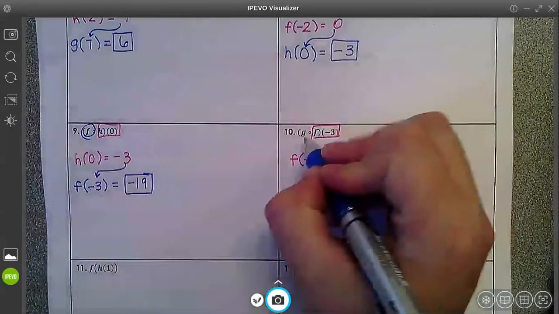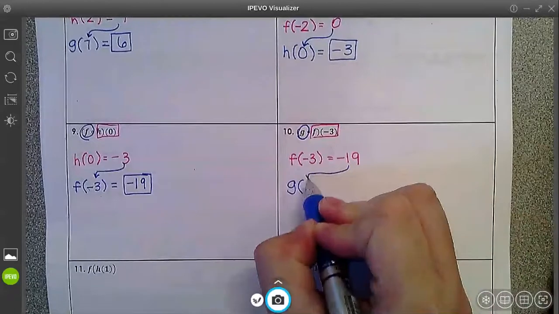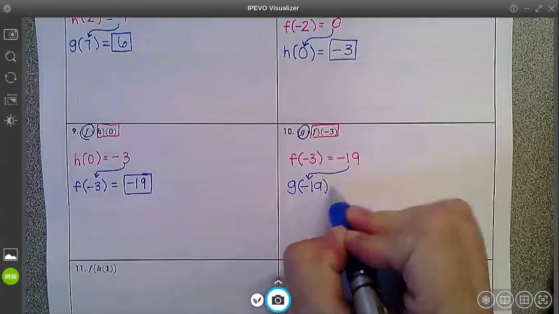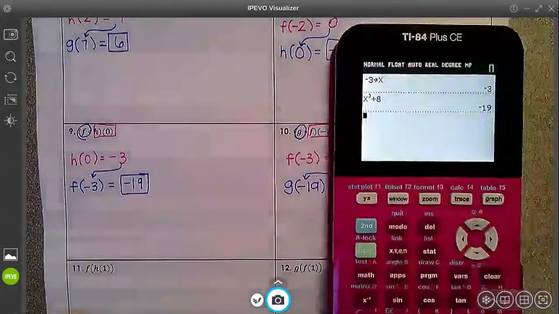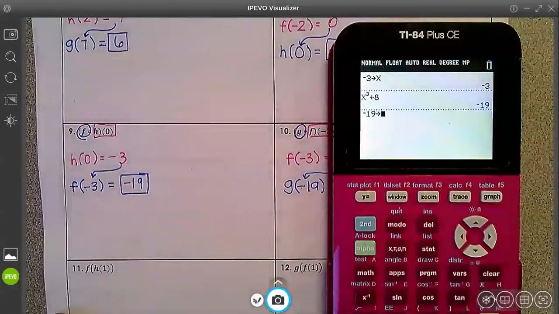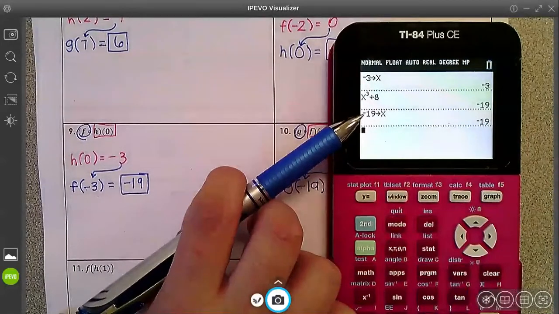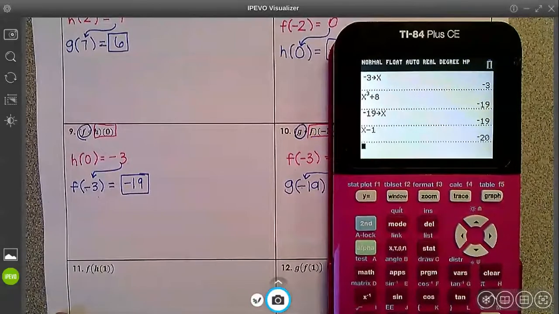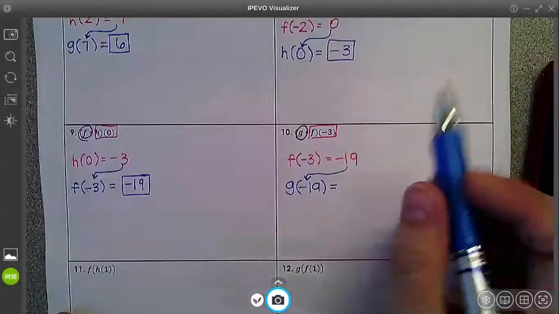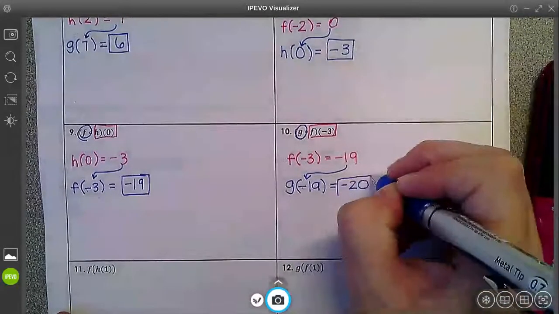And then we go to g, and we're doing g of negative 19. So we're going to store that in the calculator. And then our function is x minus 1. And we get negative 20, which is our answer.